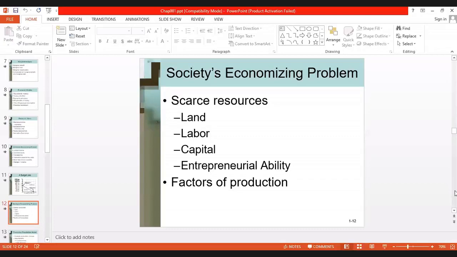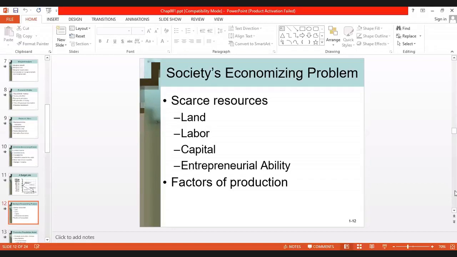We can categorize scarce resources into 4 categories. This is how economists classify resources: land, labor, capital, and entrepreneurial ability.